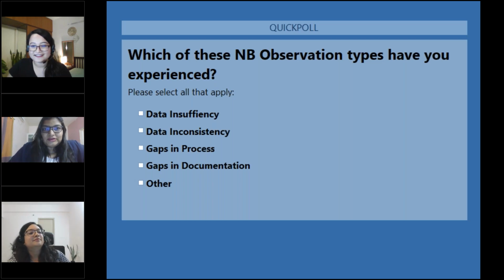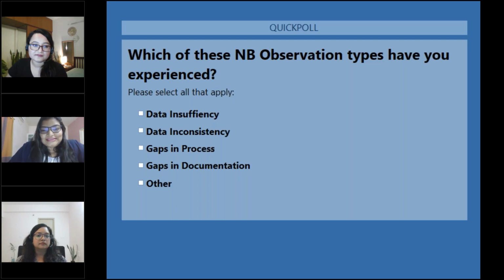All right. So the question we have up here is, which of these notified body observation types have you experienced? And the options are the 4 that Parvati just gave examples for: data insufficiency, data inconsistency, gaps in process, gaps in documentation, or if there's something else that you have come across, you can click on other.